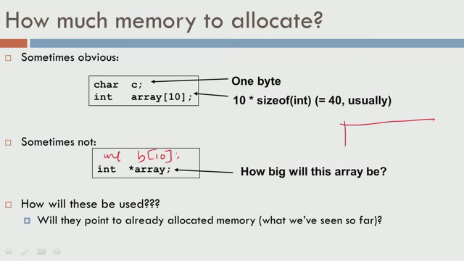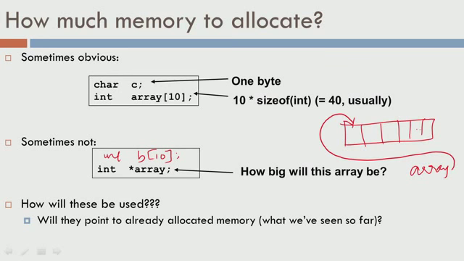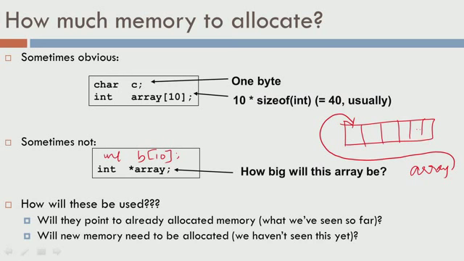So, I have b which is of 10 integers, and I could make array point to that. When you make it point to that, it will point to the 0th location of b. So, in this case allocation is already done, but there are also places when the declaration is not done, in which case you have to go and claim memory, you have to allocate new memory and claim that space to be yours.